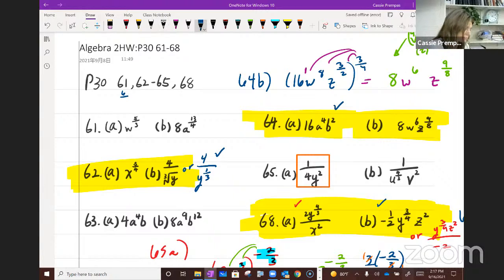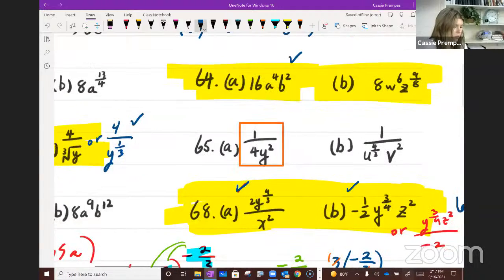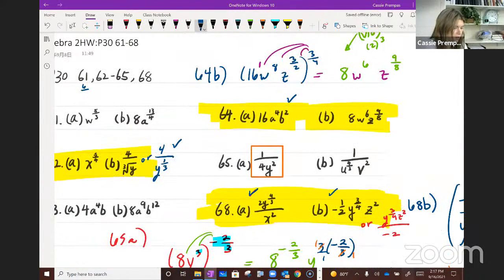Oh, wait, no. Never mind, I was messing up. Okay, can you go over 68A as well? Yeah. And you could have it like this: y to the 3/4 z squared over -2.